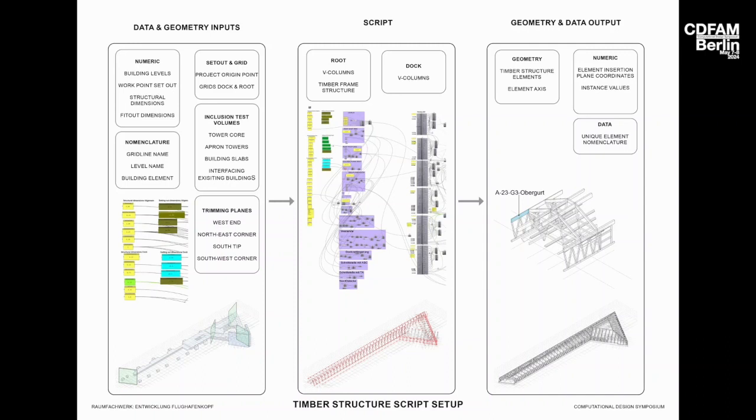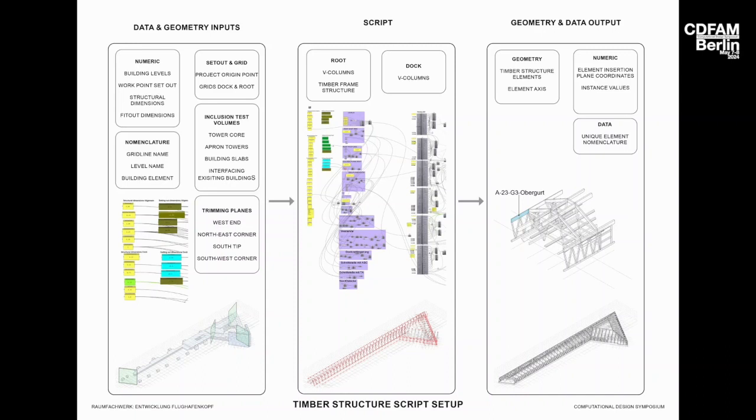And we also have a few constraints which we are using as planes which trim the building. So this entire process is automated within the script to give us the final geometry. And as an output, we get the timber structure elements and the element axes, but also a unique naming of each element, which is used for identification of that unique element.